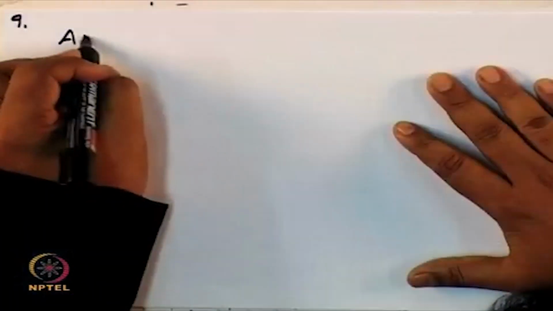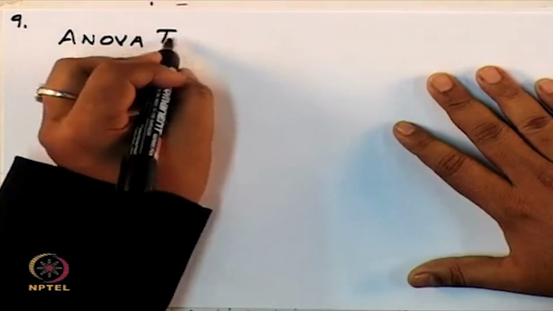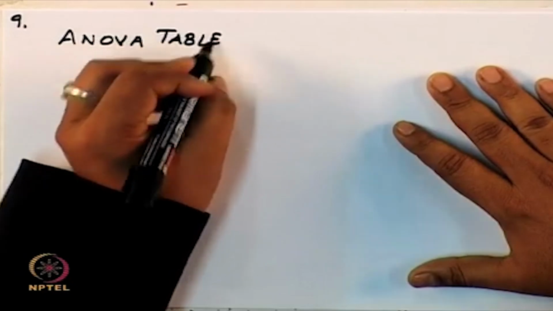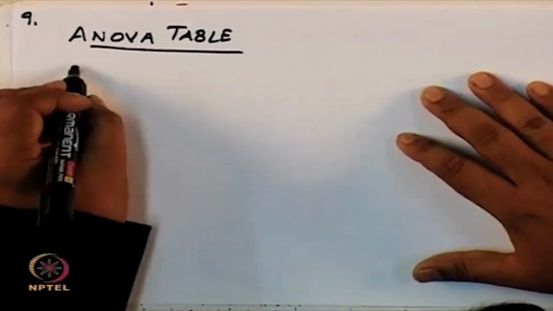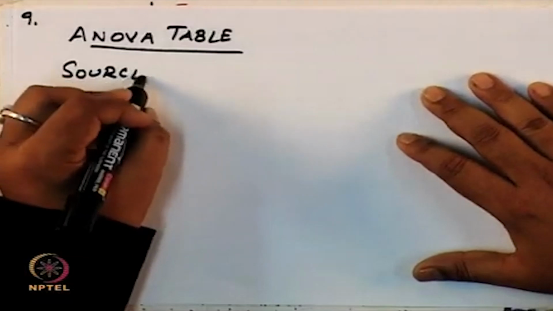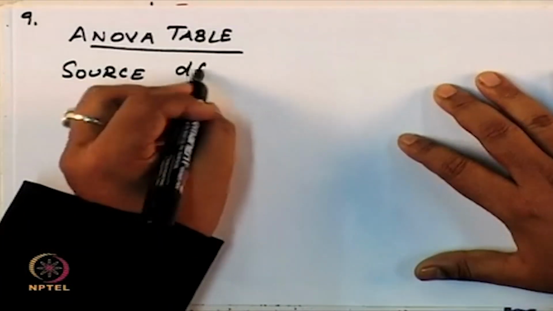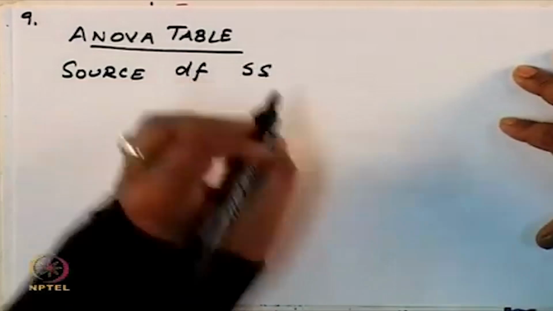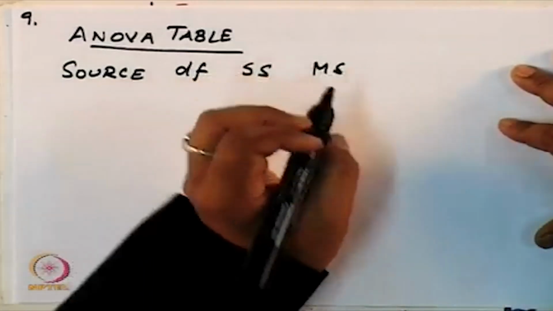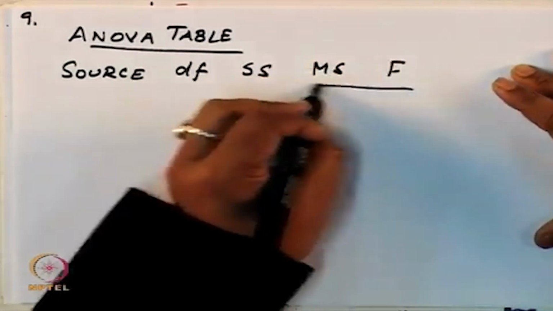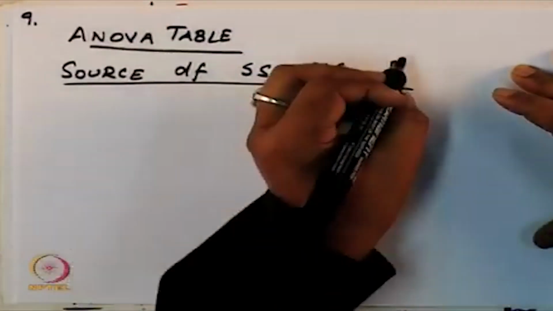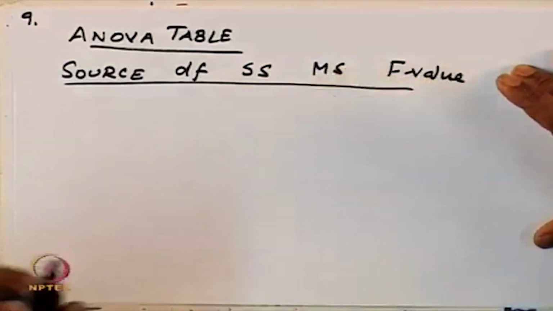When you put all these together, you generate an ANOVA table. Your typical ANOVA table will look something like this: source, degrees of freedom, sum of squares, mean squares, and F value.